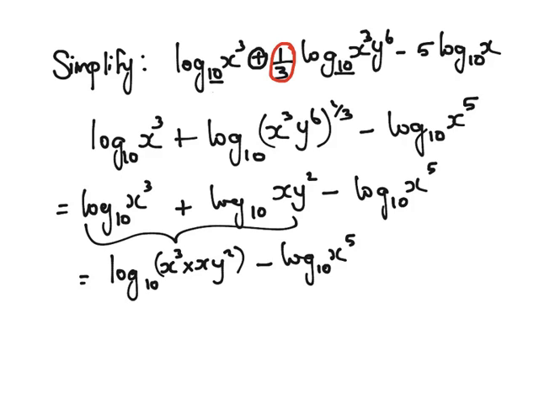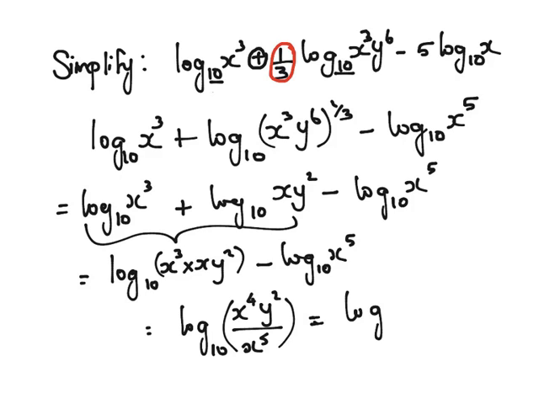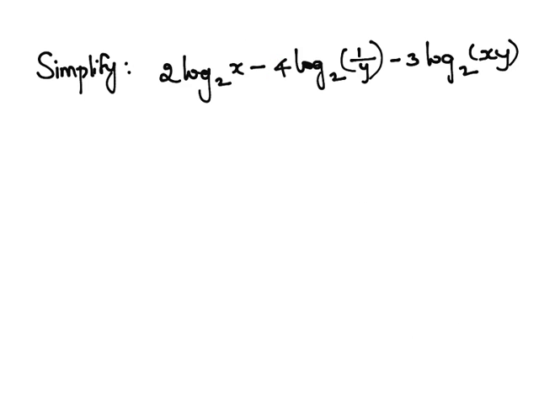Now I can use the quotient rule. So I can write log x power 4 y squared by x power 5 to the base 10. So this is nothing but log of y squared by x to the base 10. Very simple problem.